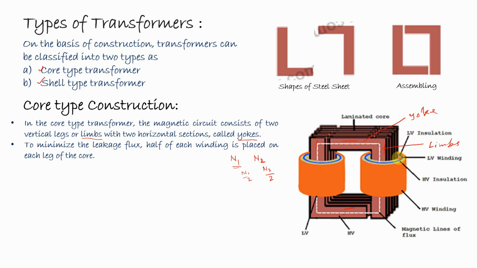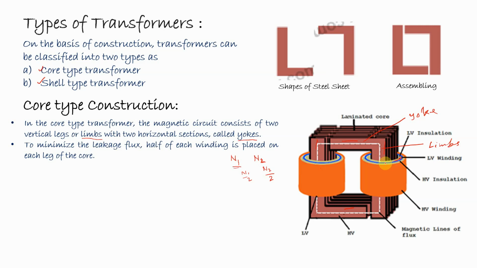This is basically insulation, and then this blue circle is the low voltage winding. Because we have to insulate the windings, we have to place insulation in between windings, as well as between the core and the low voltage windings. So the insulation is placed, then the low voltage winding, this blue circle, is placed.